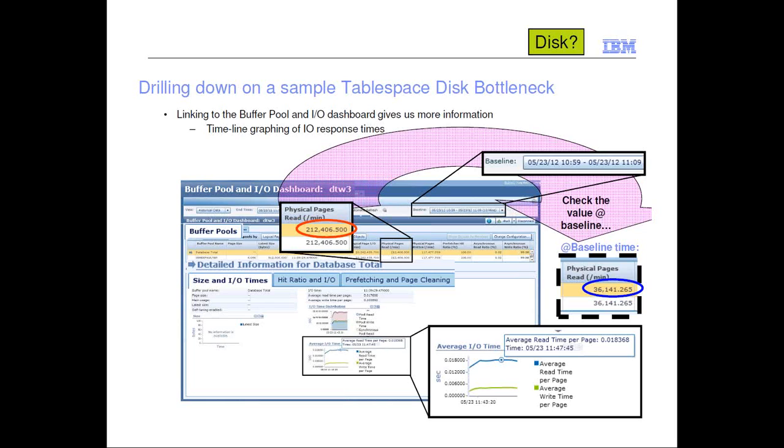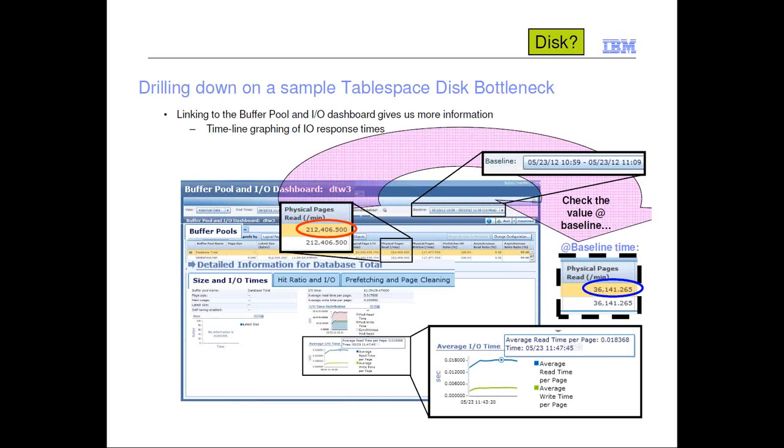So once we go to the tab on the dashboard which is called the table space, we'll try to identify if there has been any change on the table space that could have caused this. Again, we compare the current value with the baseline value, and we notice that there is no single table space where this particular issue is there.